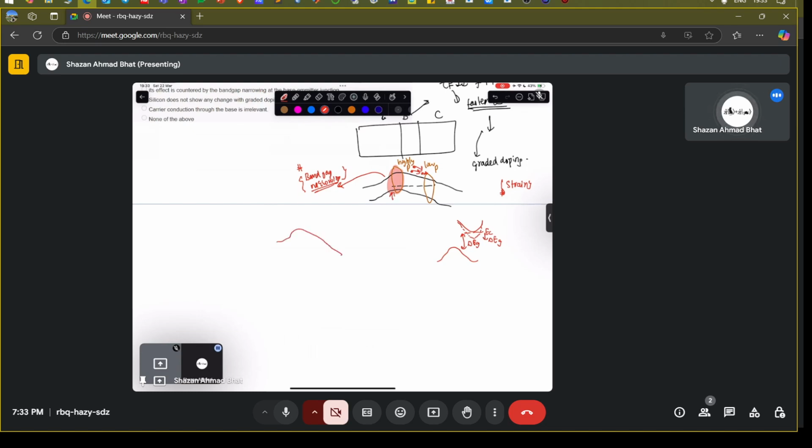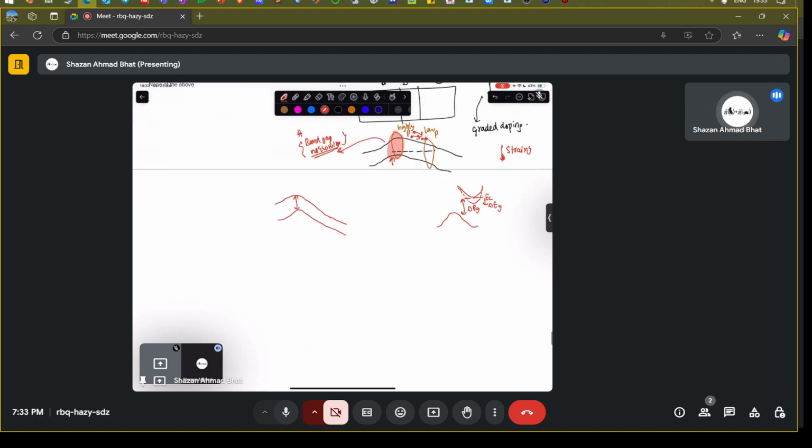I'm exaggerating it here. Now what is going to happen is that the electric field is equivalent to kT over q, 1 over the p-type doping p_p, d p_p over dx, minus 1 over q, d delta E_G(x) over dx.